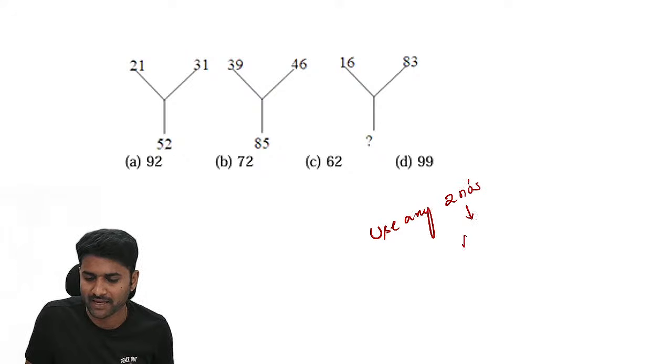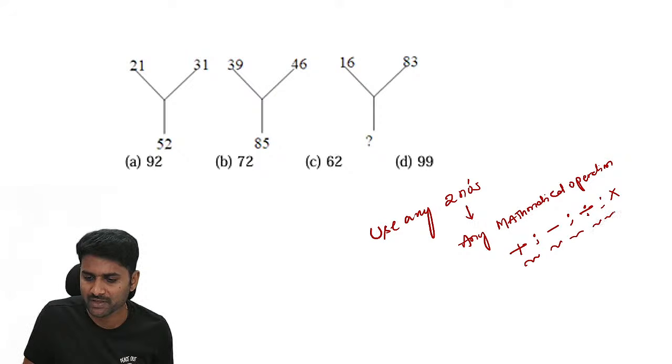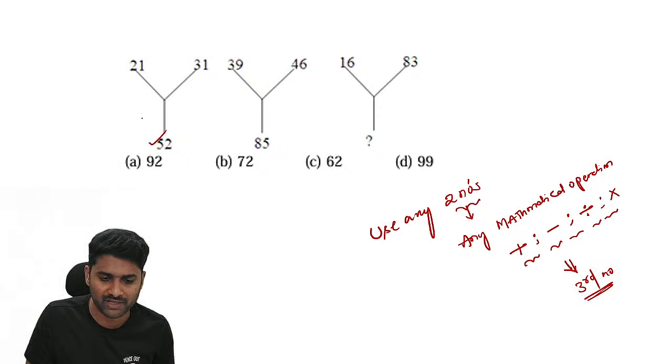You can apply any mathematical operation, like addition, subtraction, division, multiplication. Use any one of the mathematical operations and use any two numbers. This operation will give the third number. Clear? It means you can use these two digits, you will get this, or you can use these two, you will get the last one.